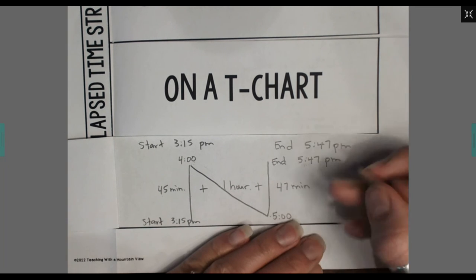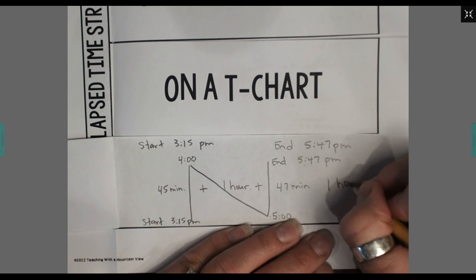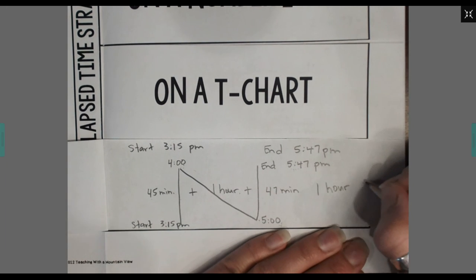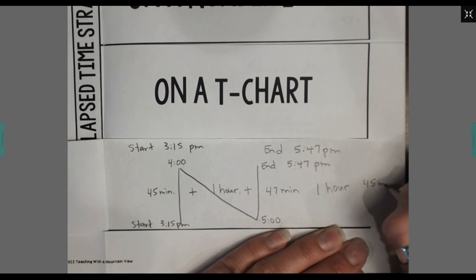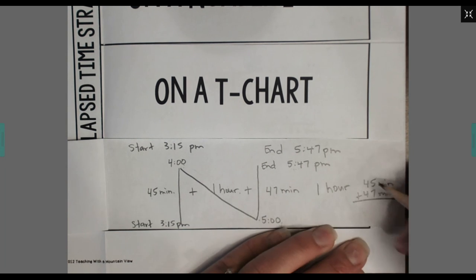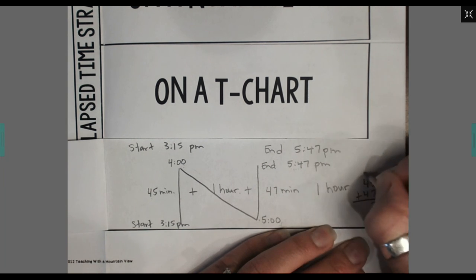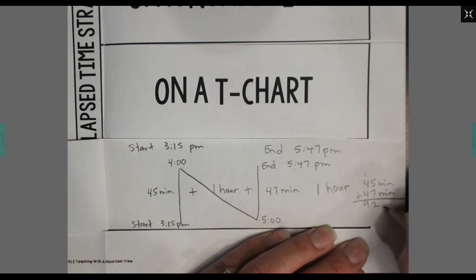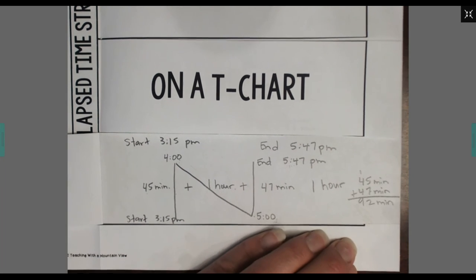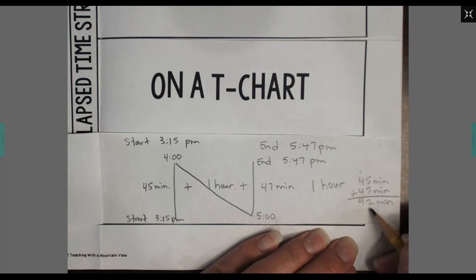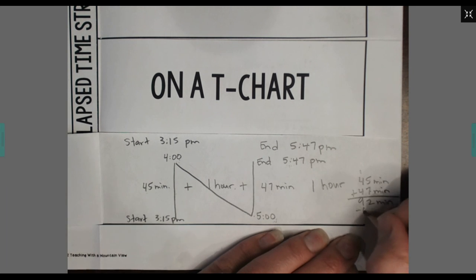So we have 1 hour, and we're going to be adding our 45 minutes plus our 47 minutes. So 5 plus 7 is 12. Regroup. That's 92 minutes. And what do you know about time? You know that there are 60 minutes in 1 hour.